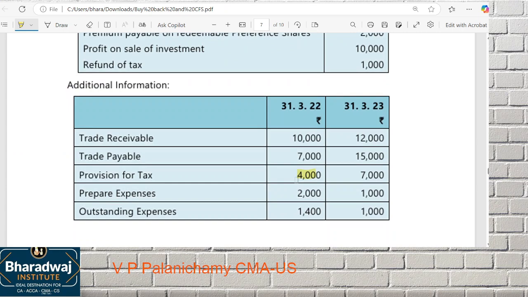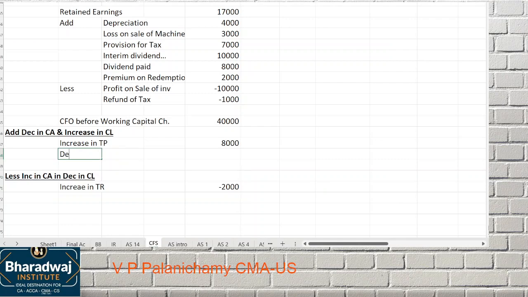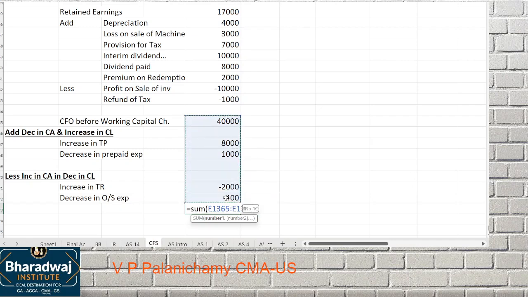Provision for tax, we have to prepare the ledger and see. Prepaid expenses decreased. How much? 1,000. We'll add back. Then decrease in outstanding expenses. How much? 400. This will give us CFO before tax paid.